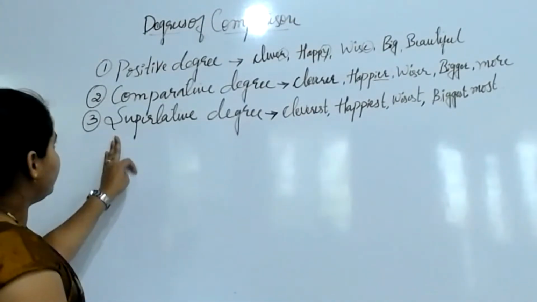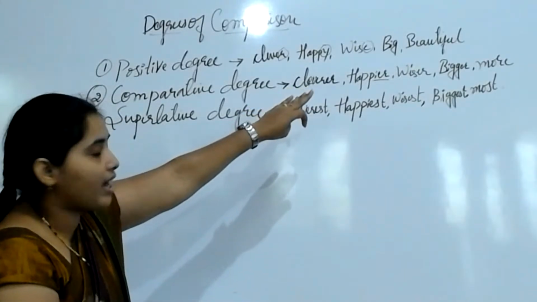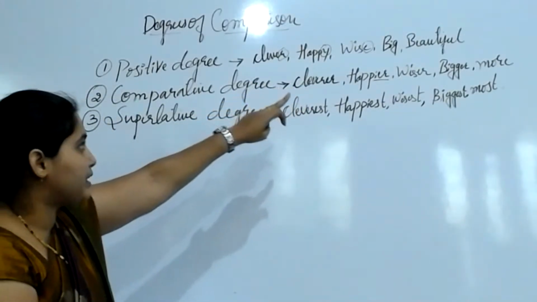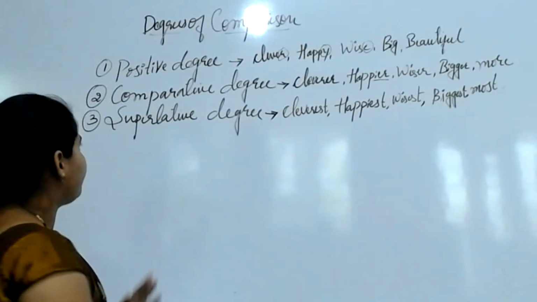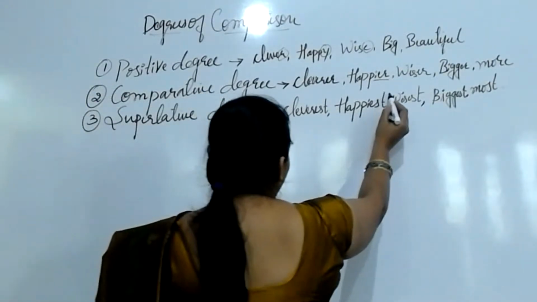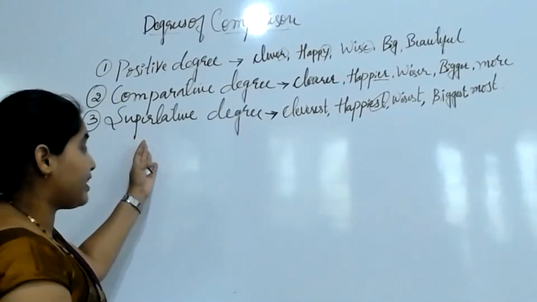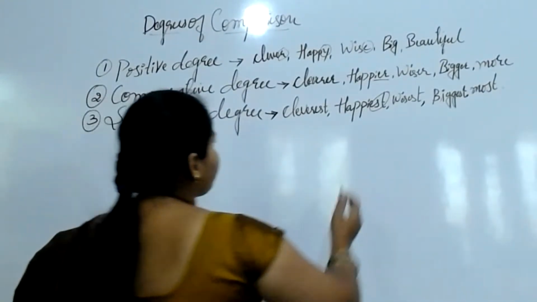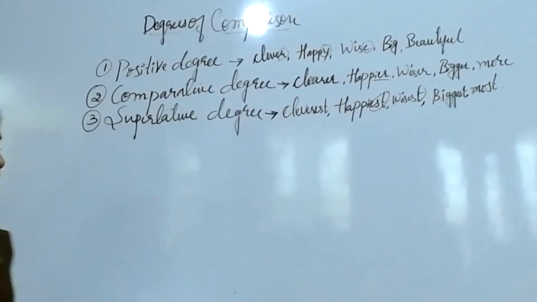The next one is wise. If it ends with E, just add R to the comparative degree, and in the superlative degree, add EST. By removing Y, add EST for the superlative degree.